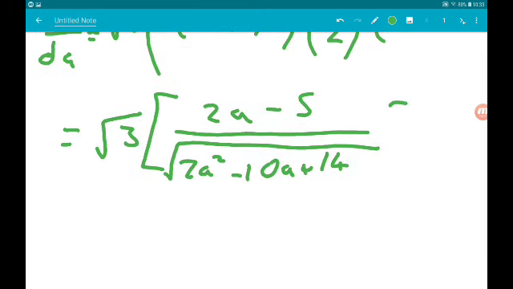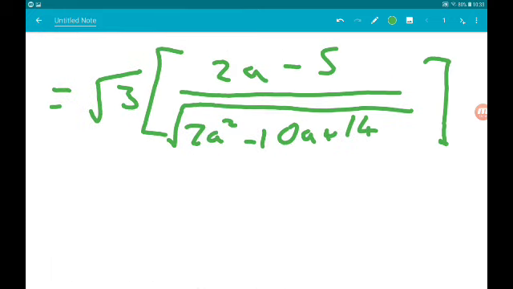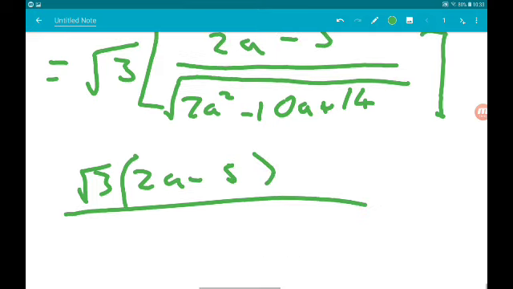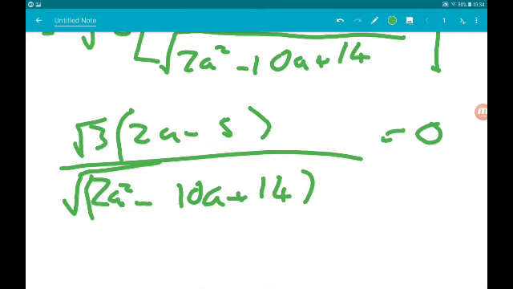Right, now then, if we set that equal to 0, we can make things look a lot nicer.